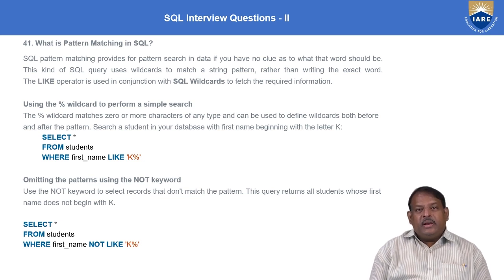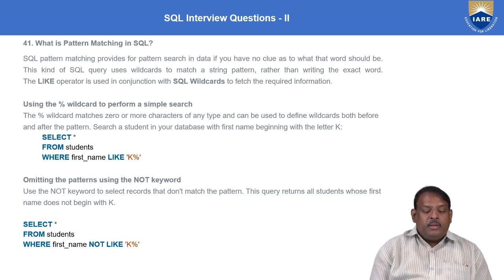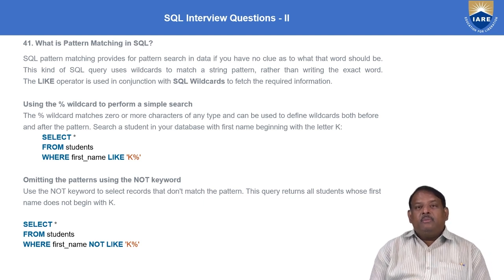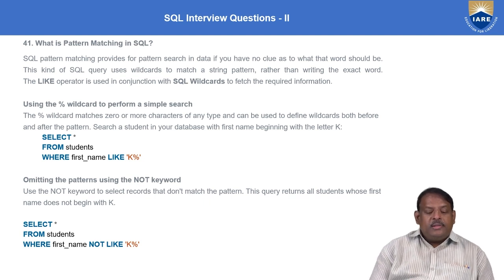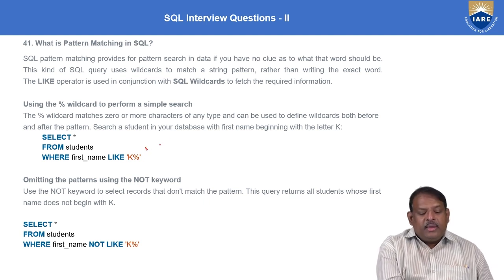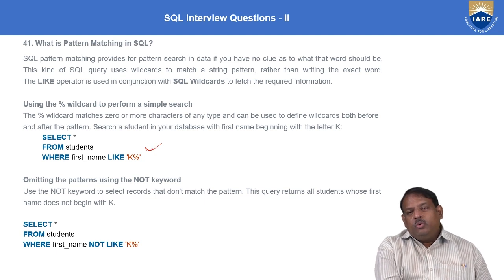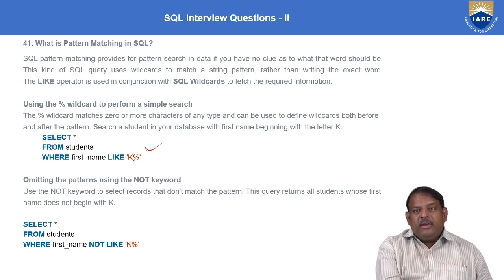The percent wildcard matches zero or more characters of any type and can be used to define wildcards both before and after the pattern. So to search for a student in a database whose first name begins with letter K, I'll say first name like 'K%'. Now all the students whose first name starts with K will be listed, like Kumar, Kirti, etc.